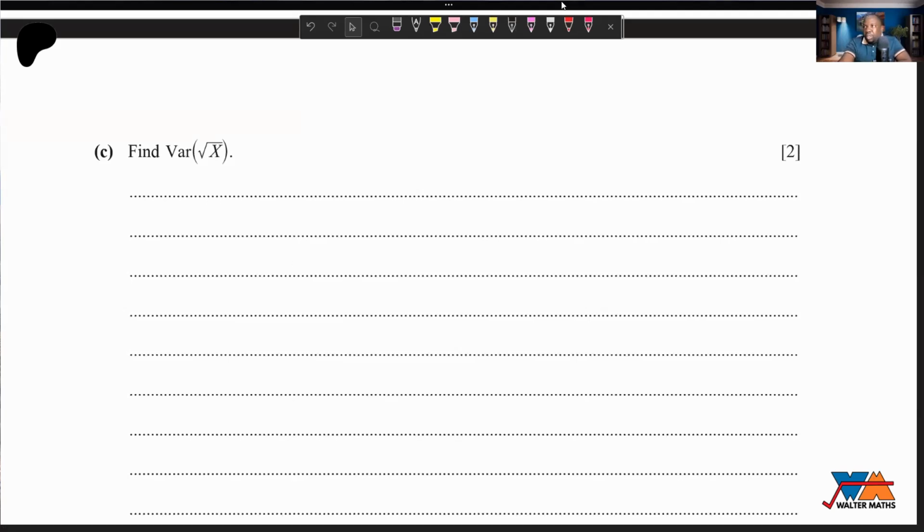All right, so we know that for variance, say of x, we find that by E of x squared minus the expectation itself squared.